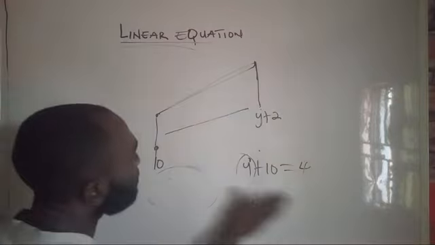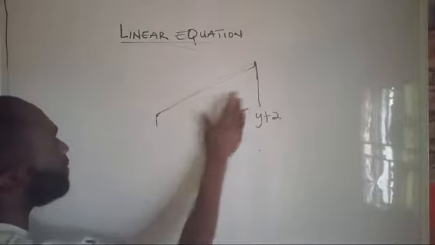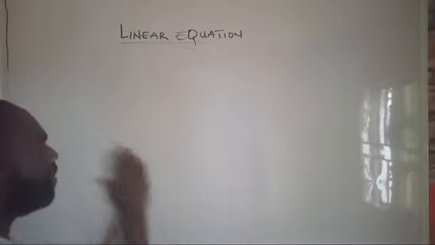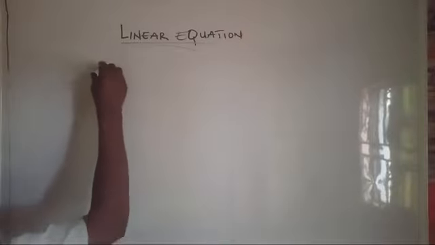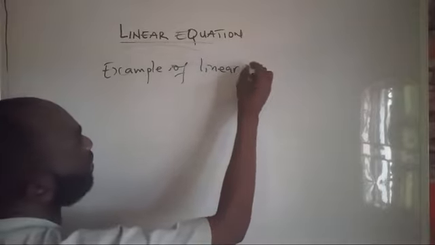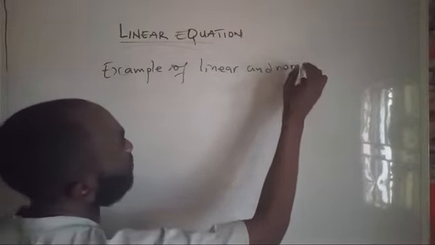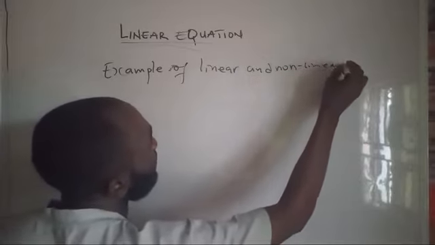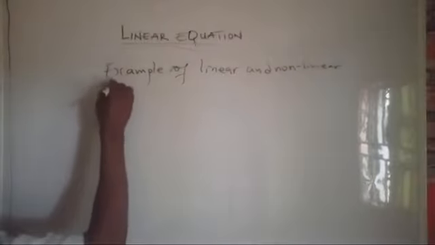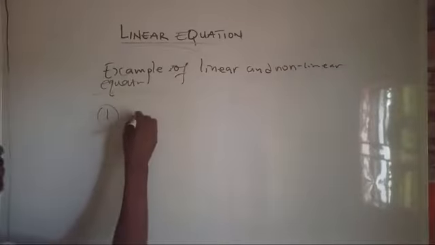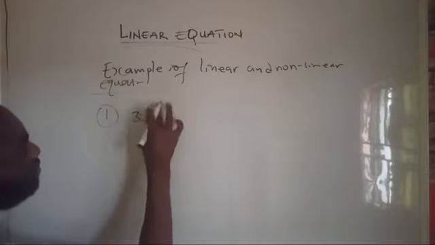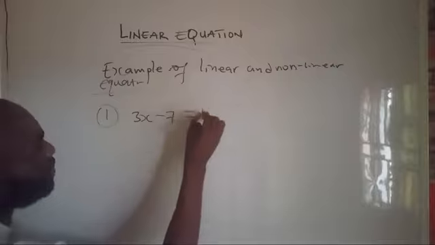So let's see how to identify an equation that is linear and one that is not linear. Examples of linear and non-linear equation. 1, 3x minus 7 is equal to 11.